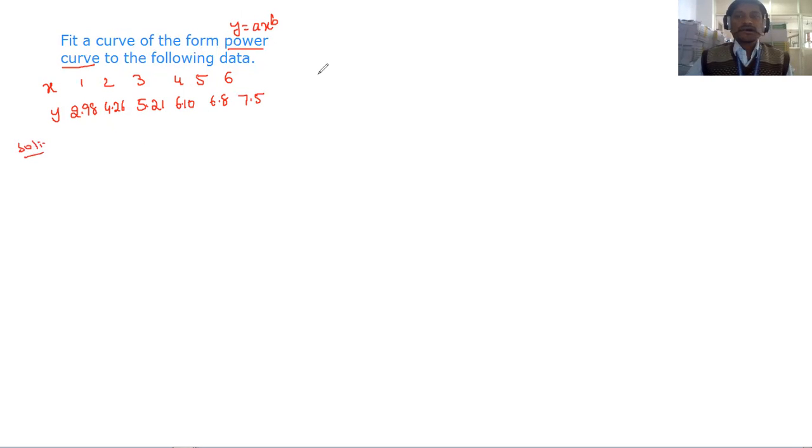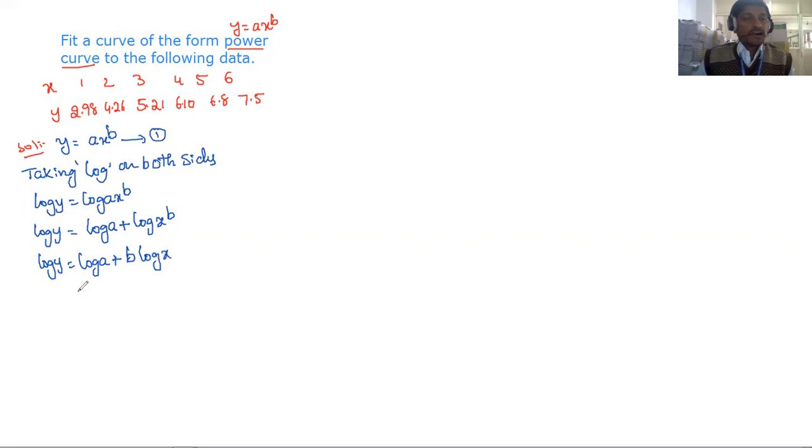So for this, first as usual, we have to write: let the power curve be y is equal to ax power b, and let it be taken as 1. And as in the previous one, taking log on both sides. This entire step you need to write whenever you are solving the problem.